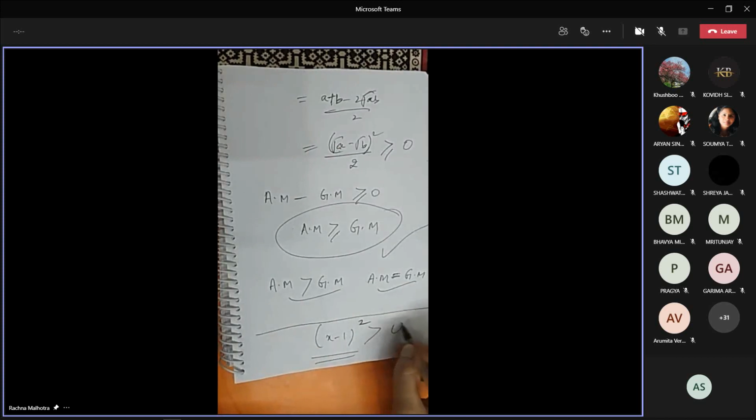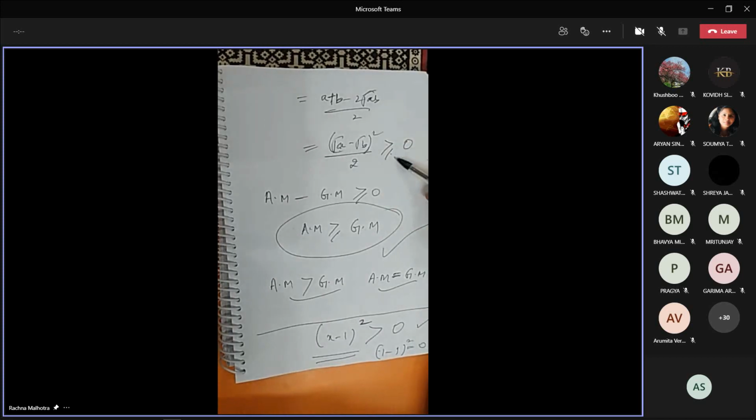So what can you say about this square? Square is always positive, we know that. But if I put here 1, it will become 0 also, na? So two possibilities are there, greater than and equal to 0. Square greater than or equal to 0 will happen if A and B are equal. If they are equal it will be equal to, and if they are not equal, it will show greater than.